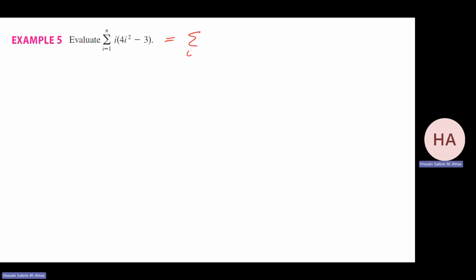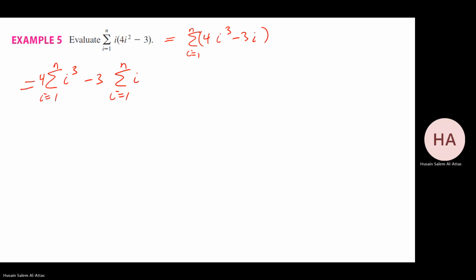That will be what? Summation i equal 1 to n of 4i cubed minus 3i. Do the formula. That will be summation i equal 1 to n. I have 4 times the summation of i cubed, minus 3 times the summation i equal 1 to n of i.